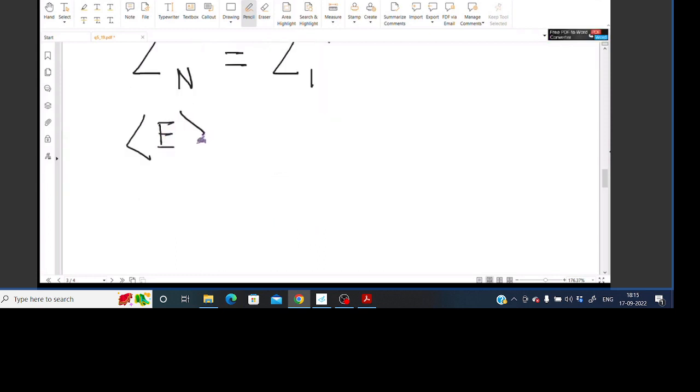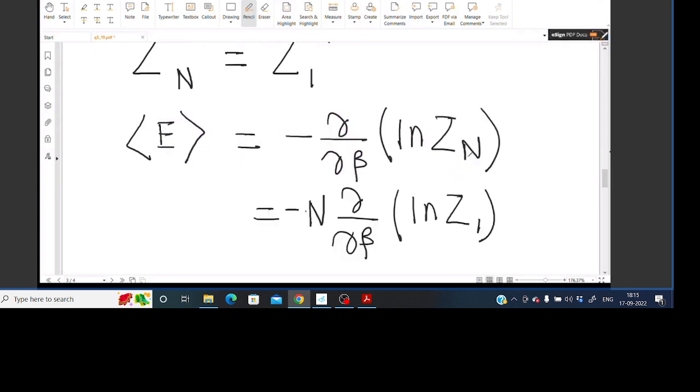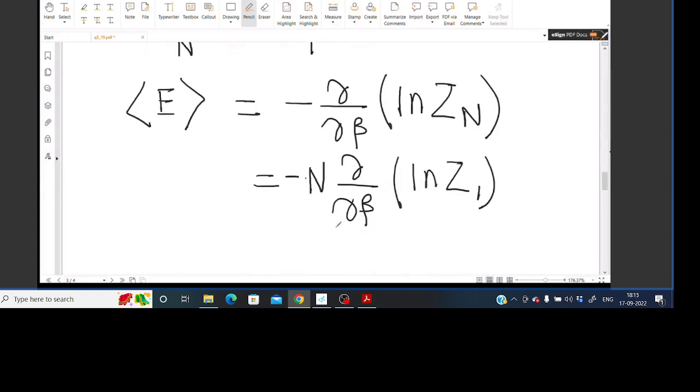Now the average energy is given by minus del beta log Zn. Now this Zn is equal to Z1 to the power n. Using that, we get the average value of energy is equal to minus n del beta log Z1.